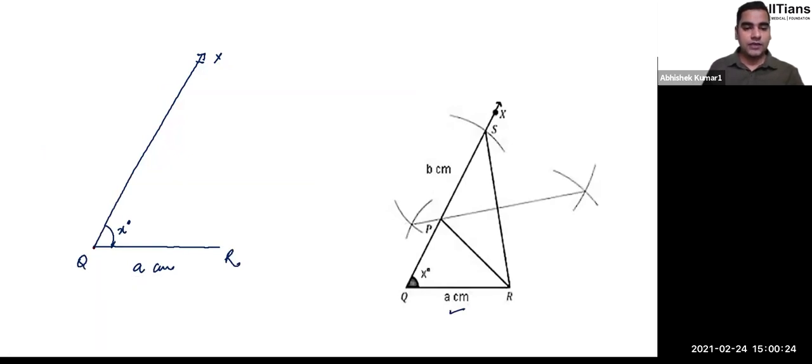You have to assume Q as a center, and assuming Q as a center, you have to mark an arc whose length is equal to the sum of the other two sides of the given triangle. And here that particular length is b centimeter. So assuming Q as a center, we have marked an arc whose length is equal to b centimeter on this QX. Is that clear? That's what we did.